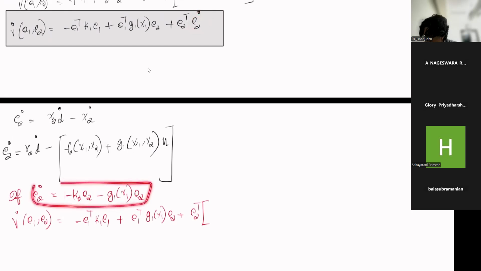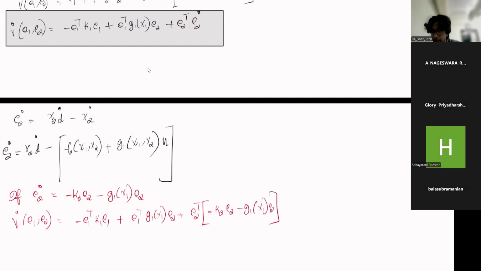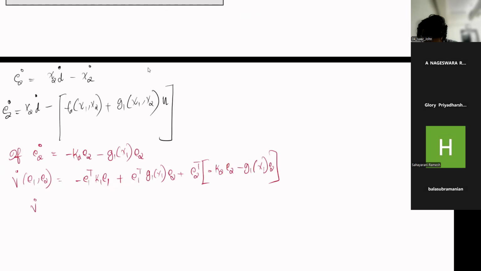So now it'll be minus K2 E2 minus G1 of X1 E2. If I simplify this out, V dot of E1, E2 would be minus E1 transpose K1 E1 plus E1 transpose G1 of X1 E2 minus E2 transpose K2 E2, minus E2 transpose G1 of X1 E2.